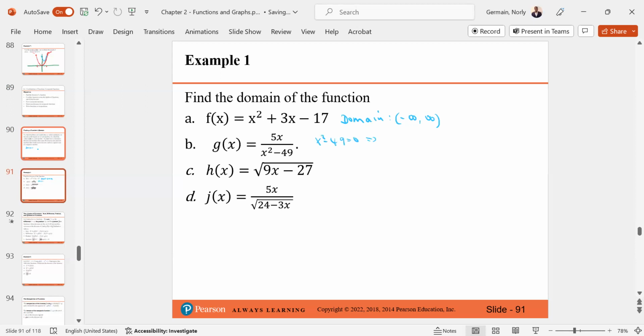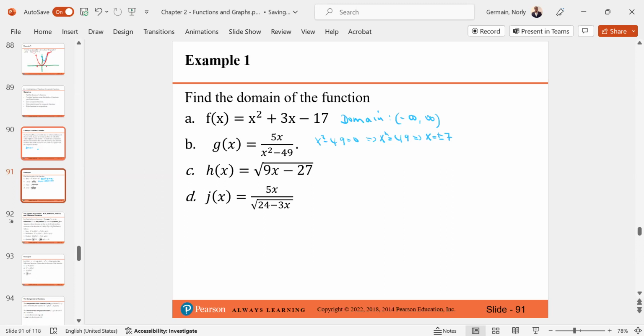If you add 49 to both sides, you have x squared equal 49. If you take the square root of both sides, you write x equals plus and minus 7. That means two numbers that, raised to power 2, give you 49: negative 7 and 7.